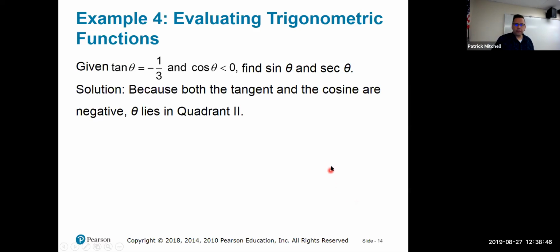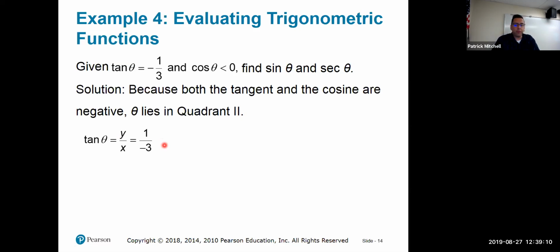Okay, so now what we're going to do in order to find the sine and the secant, if only we could figure out what are x, y, and r, then that's all we need. So let's see. Well, we have the tangent is -1/3. We also know that our angle is in quadrant 2.